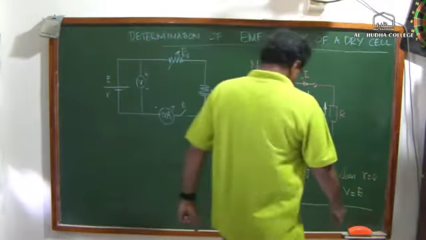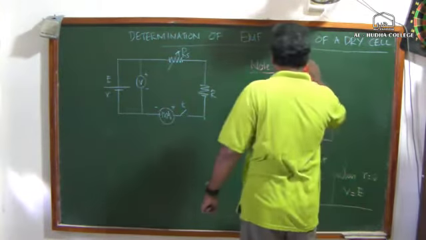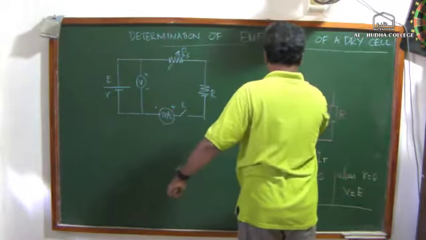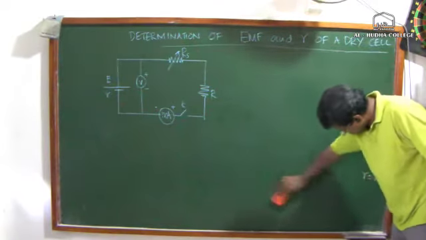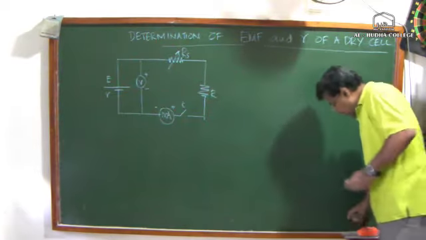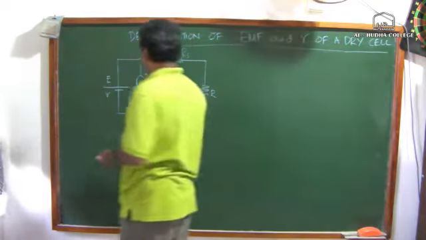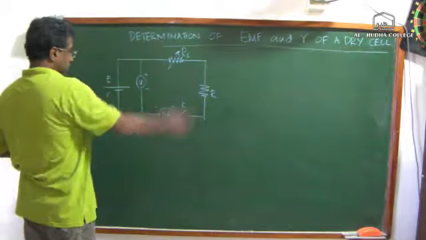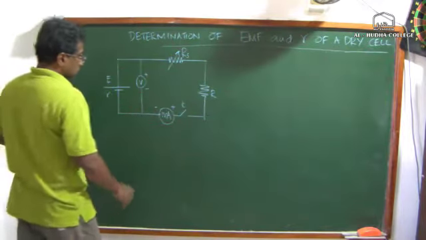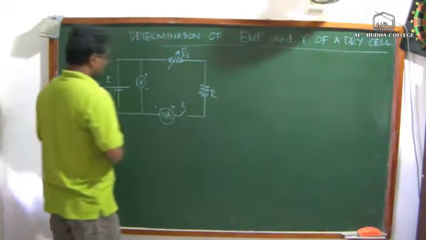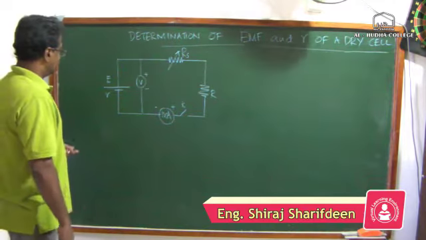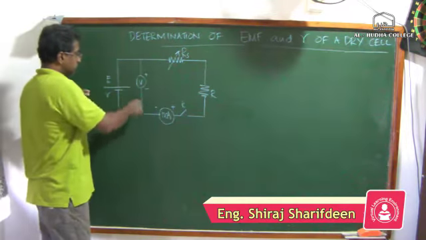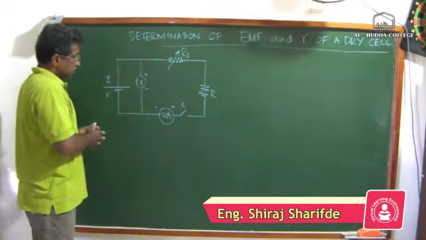Okay. Now I erase this portion. Now first of all we have to bring a relationship between these parameters. Here we are using a voltmeter that is connected across the terminal of a battery.